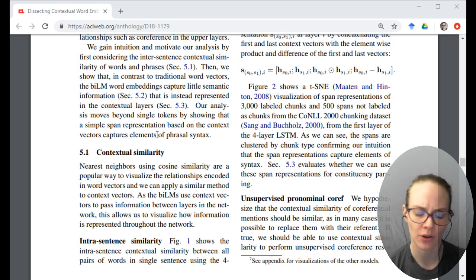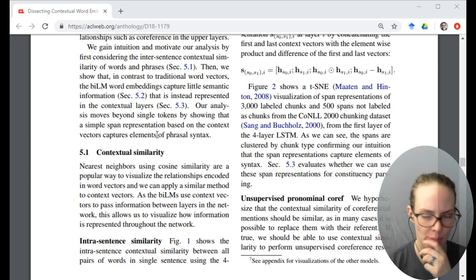And I definitely think that words have meaning, and that for humans, words, or at least morphemes, can have meaning in isolation, and this is suggesting that it's only in the context layers that we actually get some sort of semantic representation here.